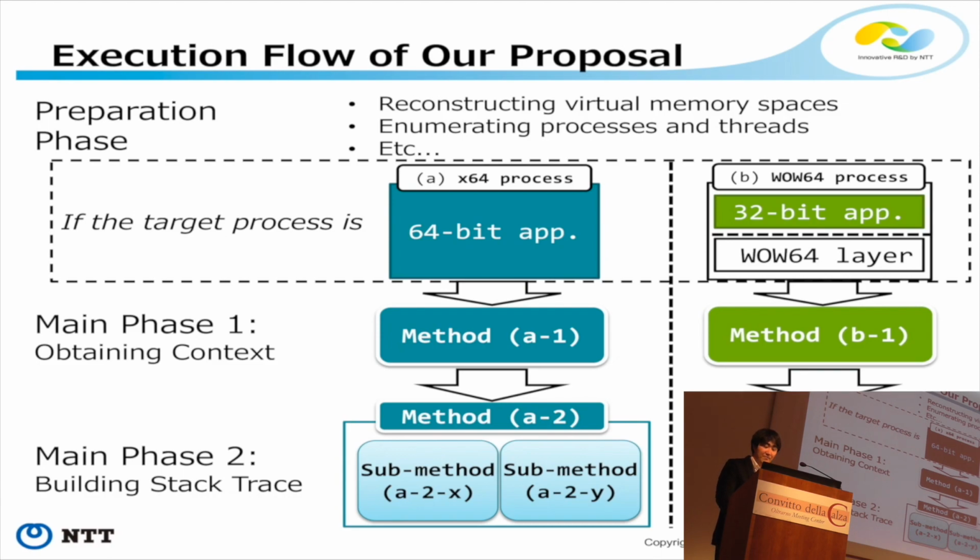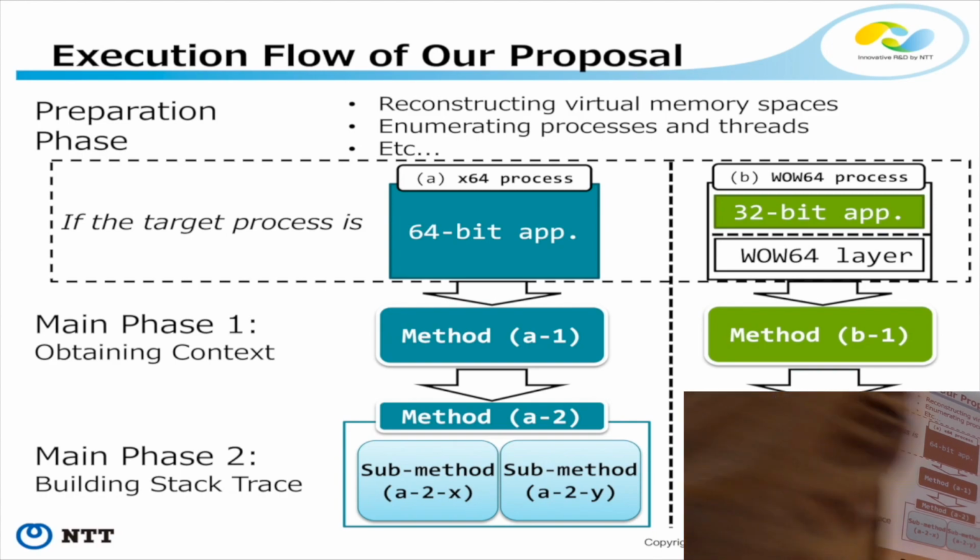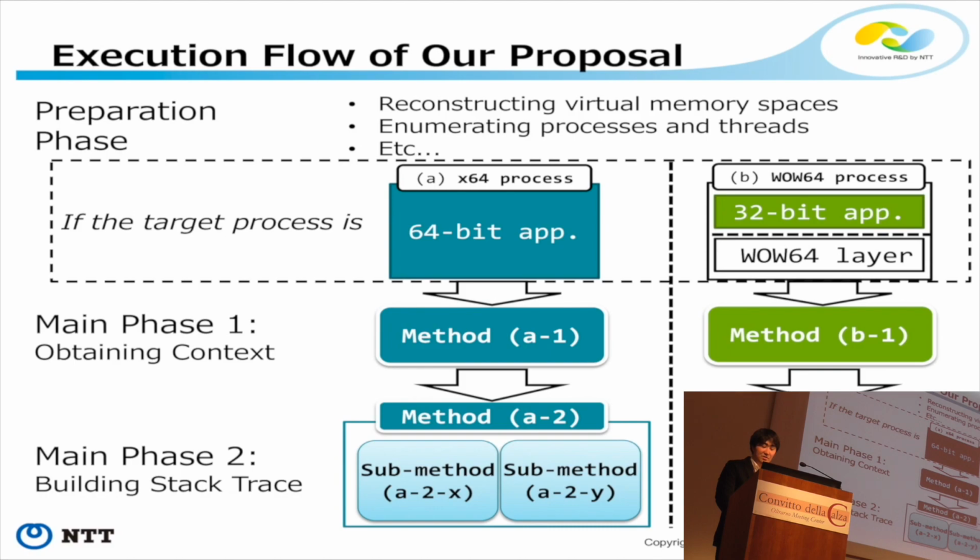This is the execution flow of my proposal. In the preparation phase, our method does things like reconstructing virtual memory spaces, emulating processes and threads, and so on. And then our method checks whether the target process is an x64 process or not.